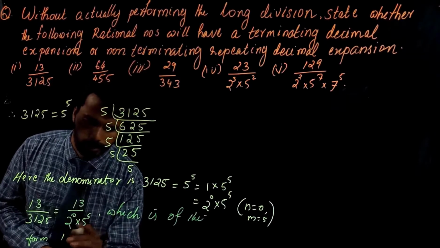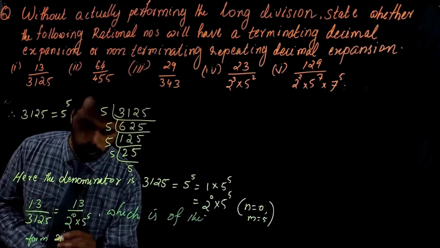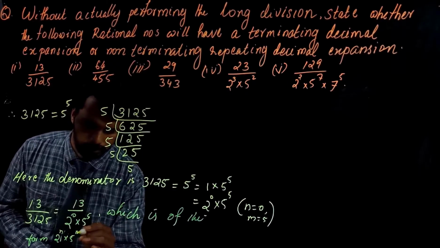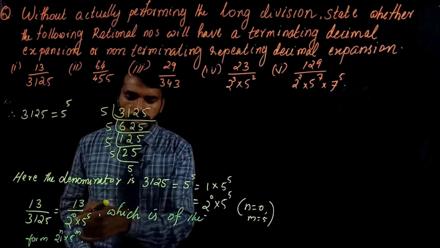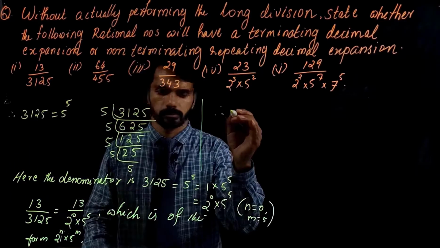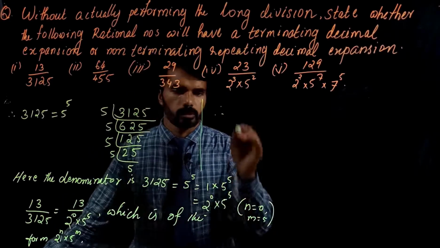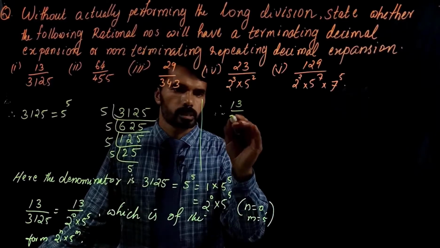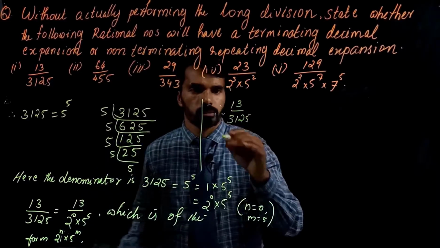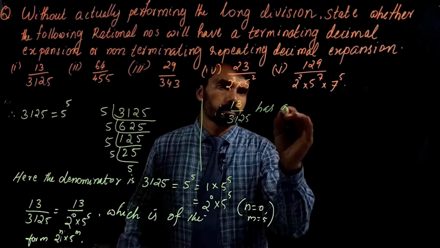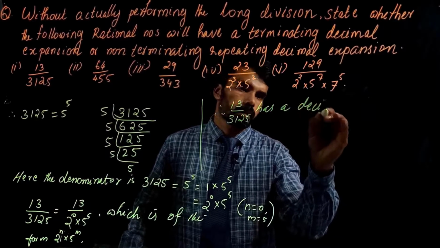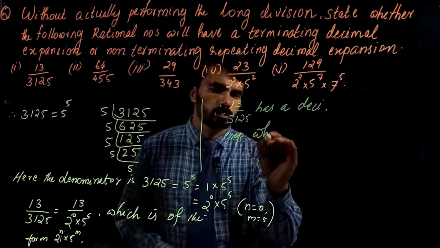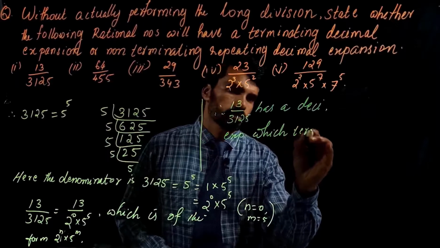This denominator is of the form 2 raised to n into 5 raised to m. Therefore, 13 divided by 3125 has a decimal expansion which terminates.